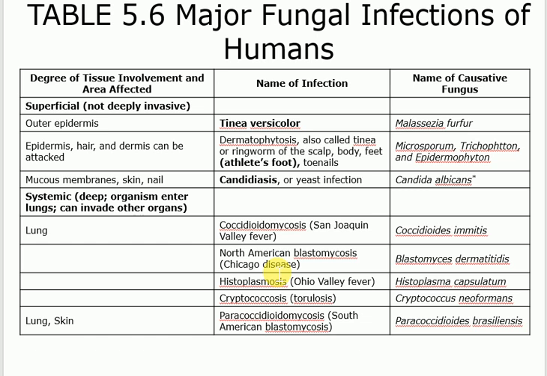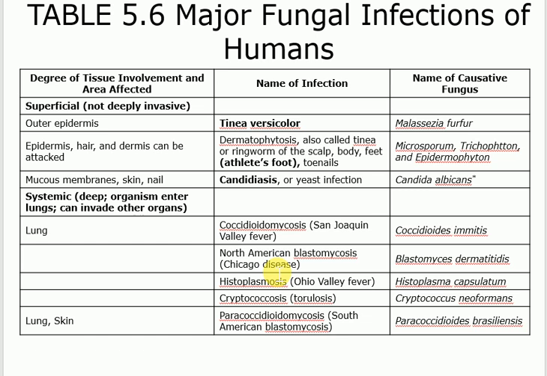Mycosis. If we're talking about mycosis specifically, which is fungal infection of humans, right? The vast majority of the fungus is superficial. This is what we hear about all the time, right? Athlete's foot, you have something on your body from outside, it's always on the skin, right?